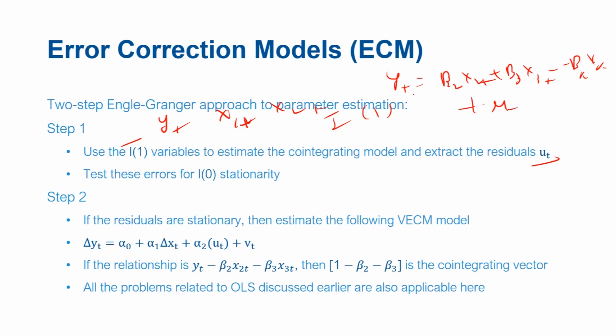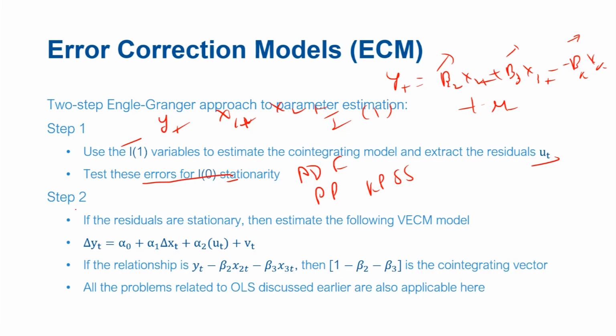At this stage, because this relationship is not necessarily cointegrated, we cannot say anything about the hypotheses behind beta 2, beta 3 and beta k and their statistical significance. So the next step would be to test these mu t's, the error terms, for their stationarity, or whether they are I0 or not, through tests such as the ADF test, PP test and KPSS test, as we discussed earlier.